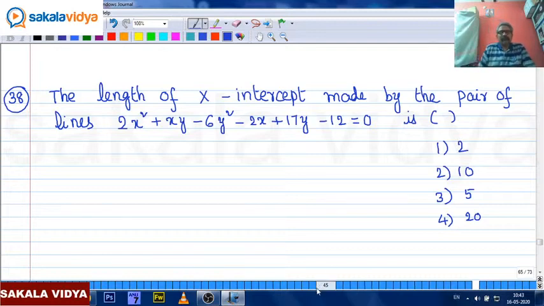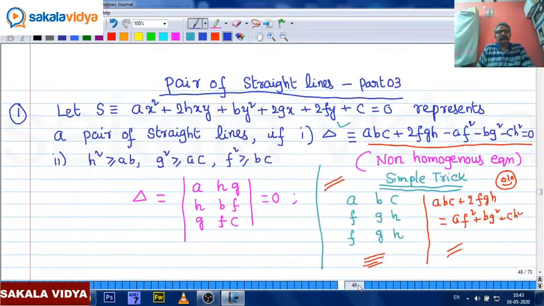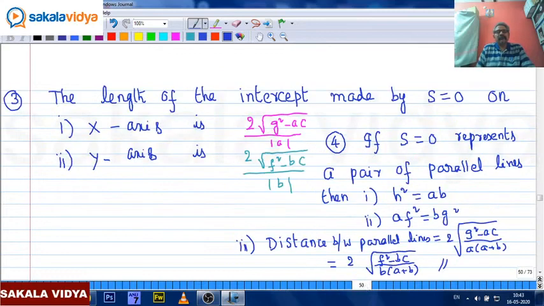So now, this is the formula. Length of the x-intercept made by S equal to 0 on x-axis is 2 root of g square minus ac by mod a. This formula we need to use.